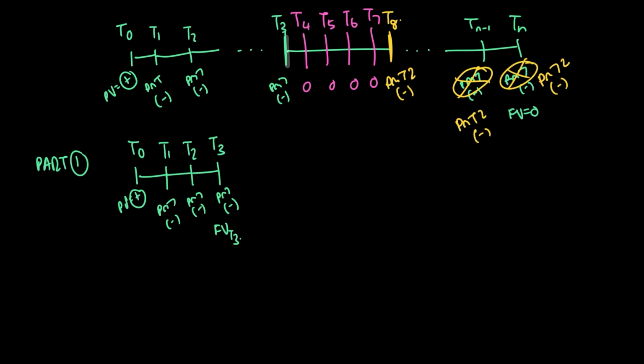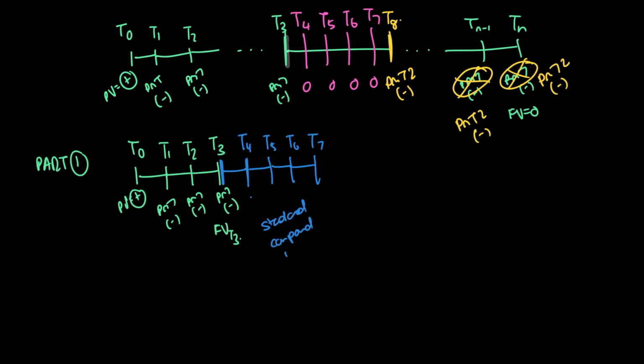Now you're like, okay, what's the next similar structure? So from T3 to T4, and let's just draw this with a different color. So from T3 to T4, and then T4, T5, T6, T7, you have just a standard compounded interest occurring.